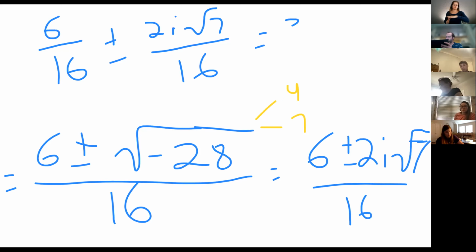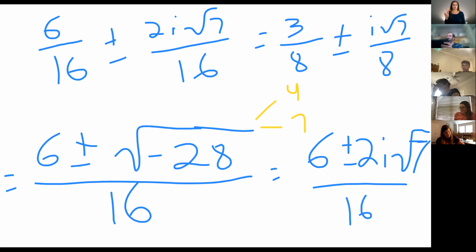You can simplify the 2i and the 16. I was doing the 6 and the 16 first. So 6 and 16, we can divide both by 2, right? That will give us 3/8, and be plus or minus i square root of 7 over 8. Yep.